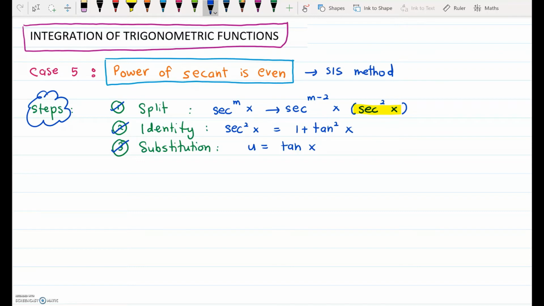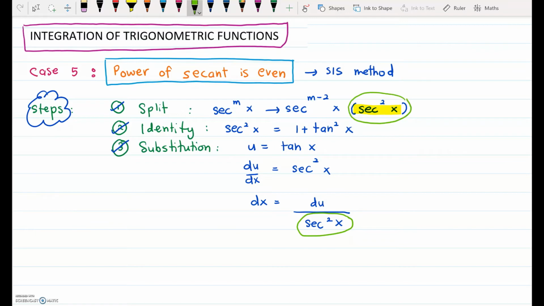When you differentiate tangent, du dx is secant square x, and dx is du divided by secant square x. Your dx contains the secant square x, which is similar to the term you split in the first step. If you cannot remember what to split in the first step, you can refer to your dx in the third step.